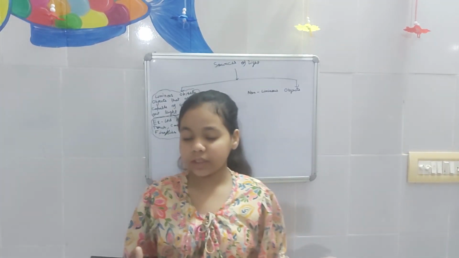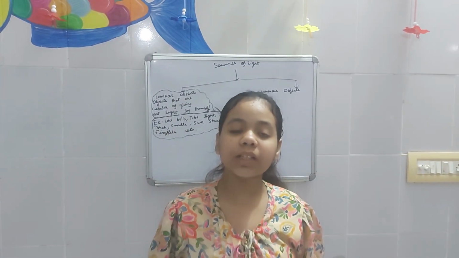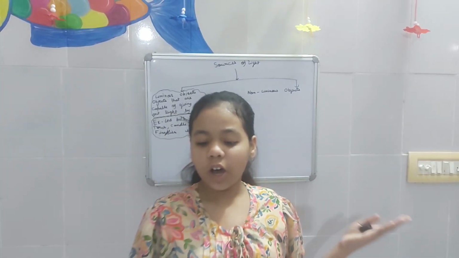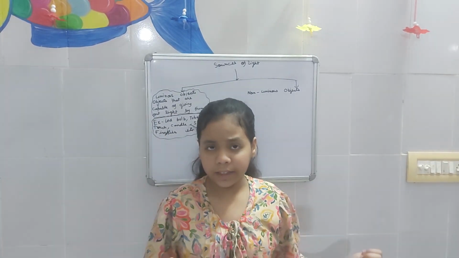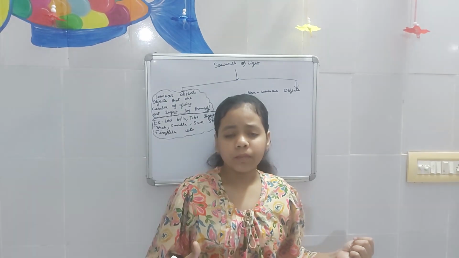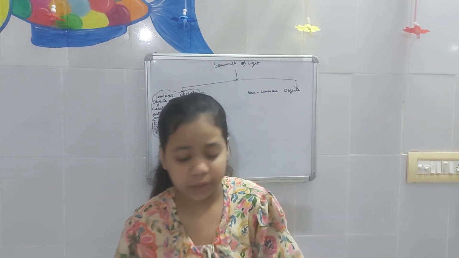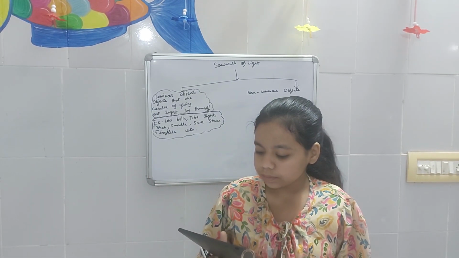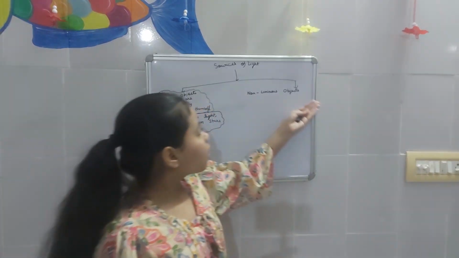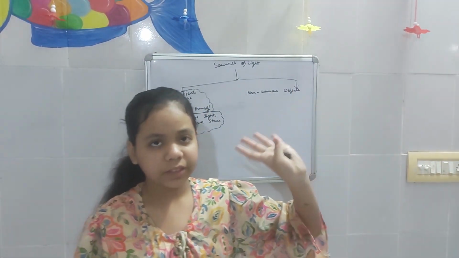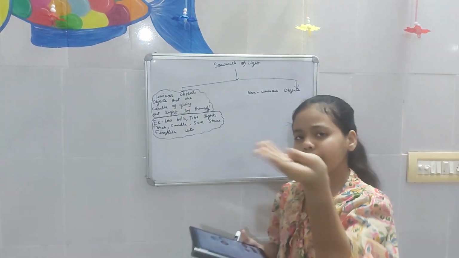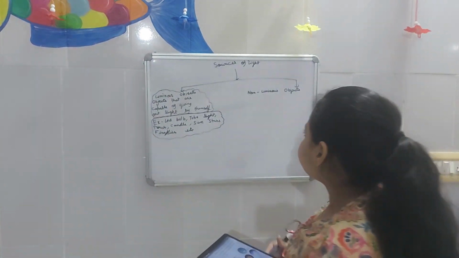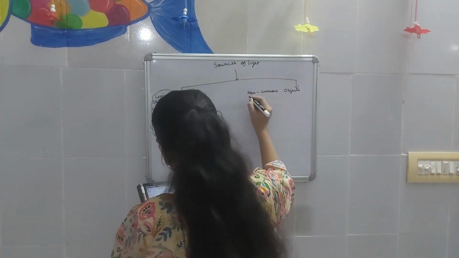Or you can say that the objects that are not capable of giving out light of their own are called non-luminous objects. You can write both definitions, whatever you want. So what can be the definition?